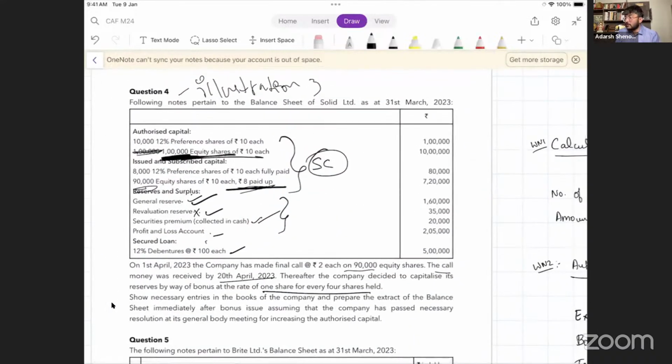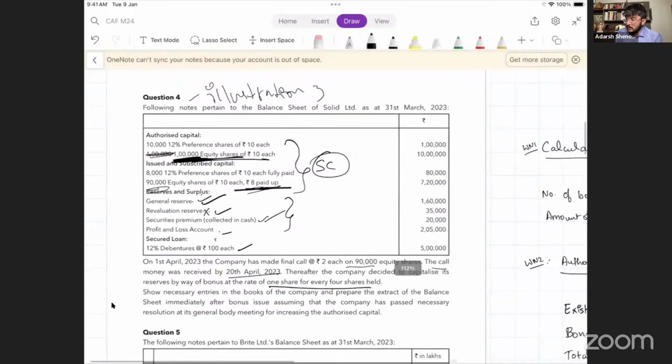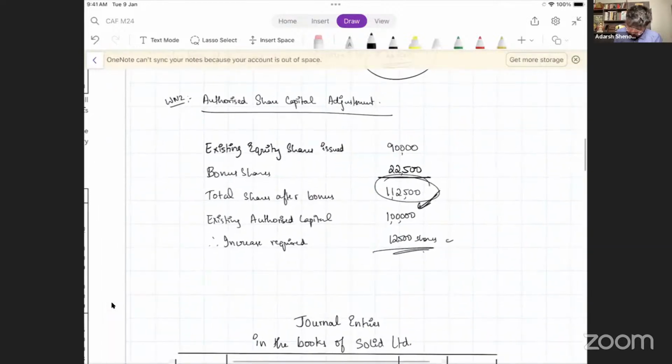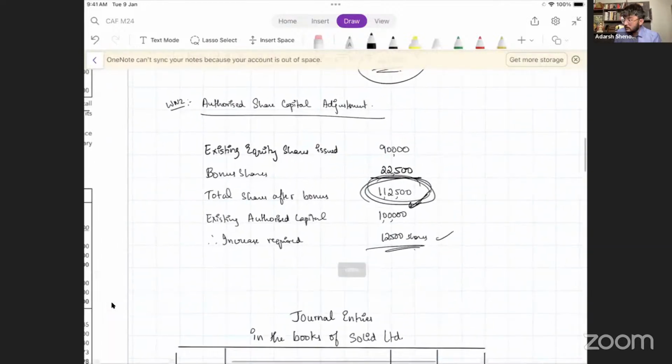Equity shares, it was 1 lakh equity shares. Have I made changes to the equity shares authorized capital? Yes, we have. We have increased it, right? In working note 2 we have increased it by 12,500 to 1,12,500.